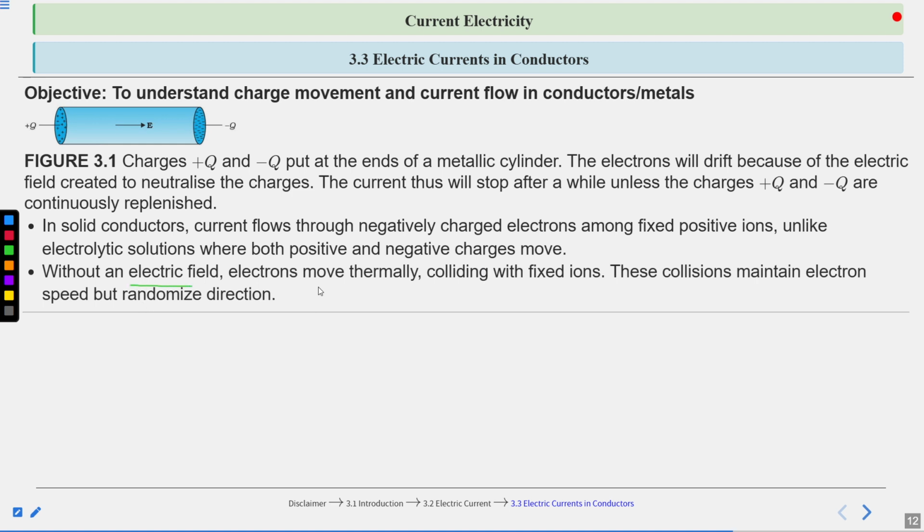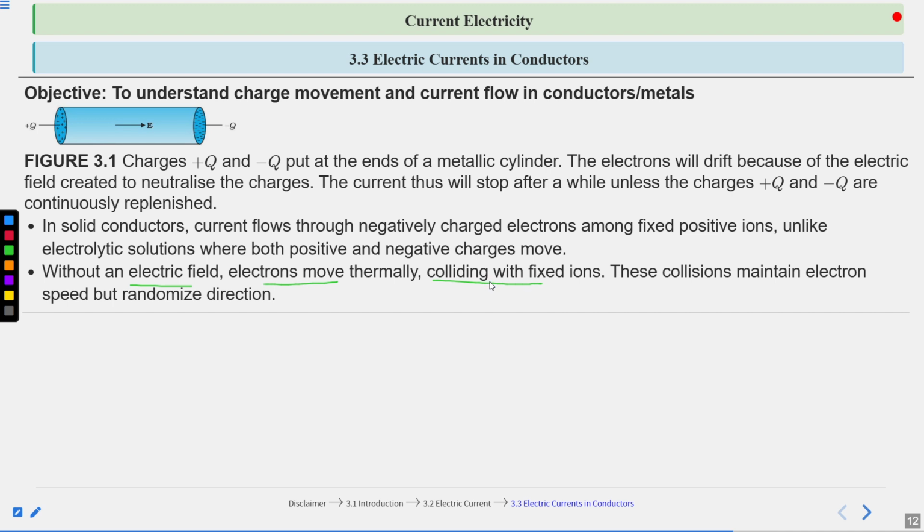Without an electric field, electrons move thermally. When there is no electric field across a conductor, electrons move thermally, and this motion is random in any direction. In the absence of an electric field, electrons move thermally, colliding with fixed ions and with each other, due to the temperature of the conductor.